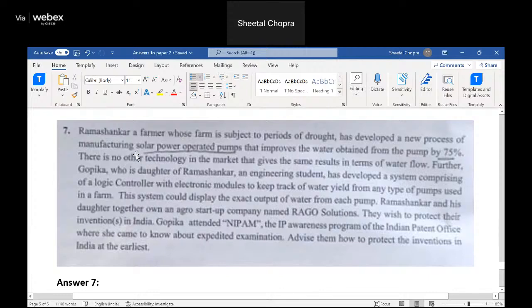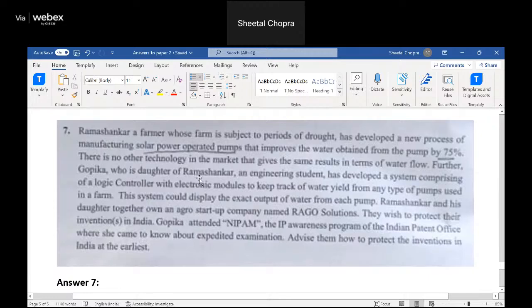Another question, which I think is probably the last question of this paper 2. Rama Shankar, a farmer whose farm is subject to periods of drought, has developed a new process of manufacturing solar power operated pumps that improves the water obtained from the pump by 75%. There is no other technology in the market that gives the same results in terms of water flow.